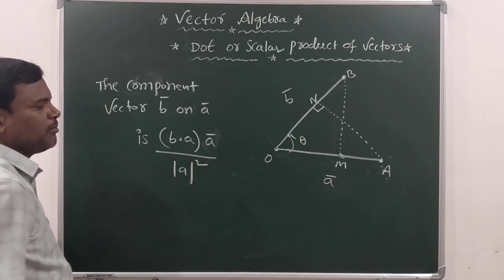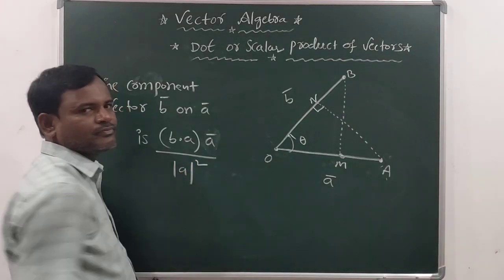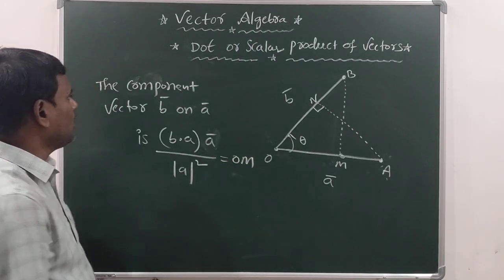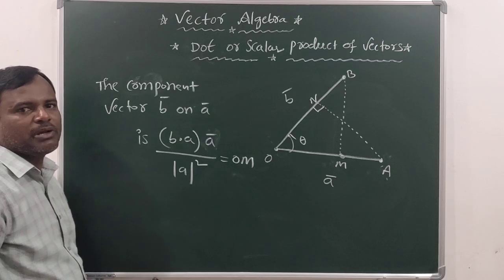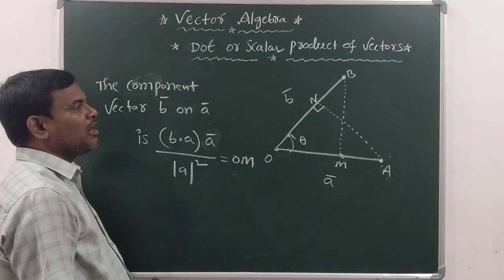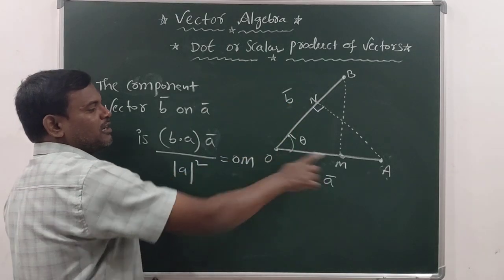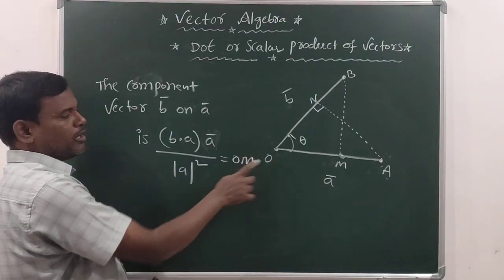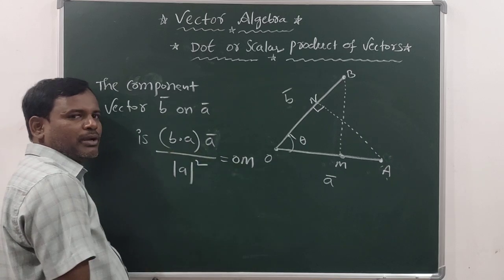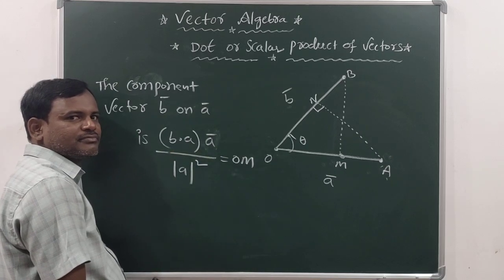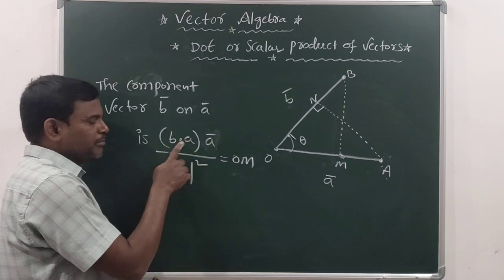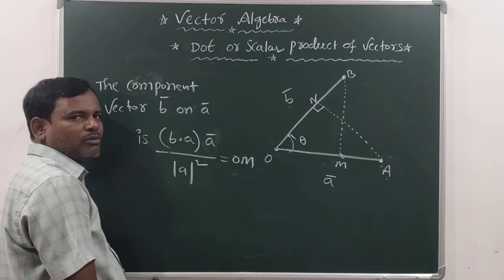Remember, like a standard formula. This OM length is equal to how much? This vector component can also be called the orthogonal projection. Orthogonal projection of B on A is OM in the figure. If you apply this formula, you get that OM length. Okay, students, so OM vector is B dot A bar by mod A whole square.